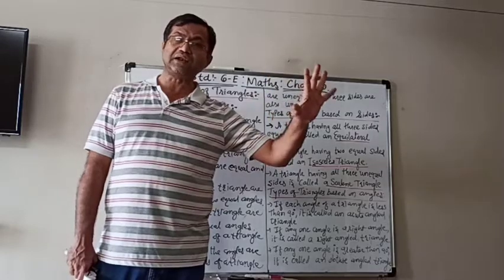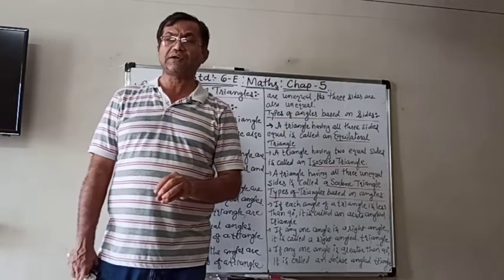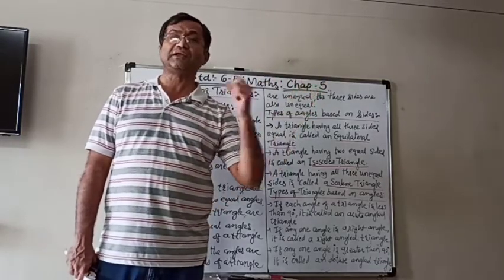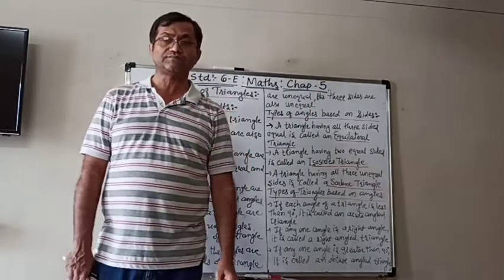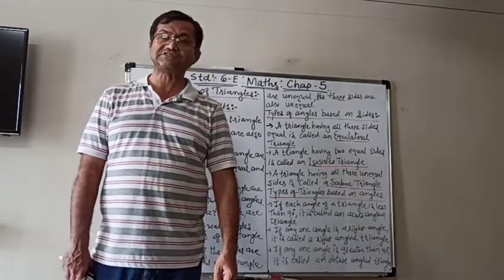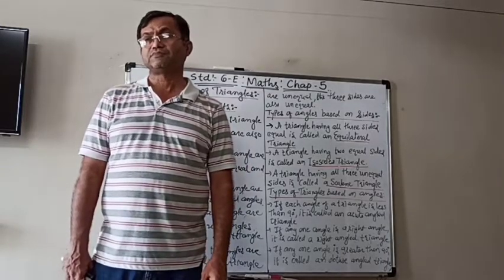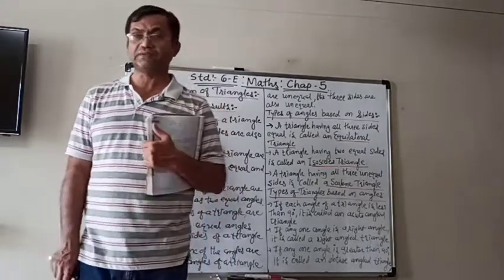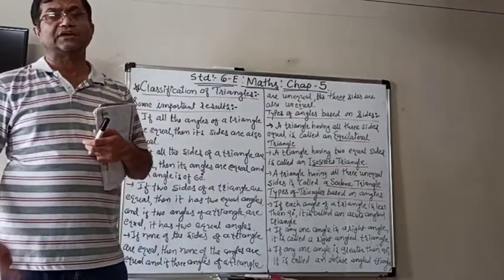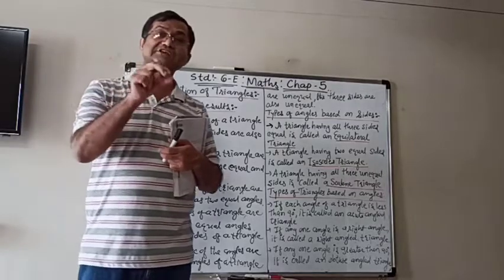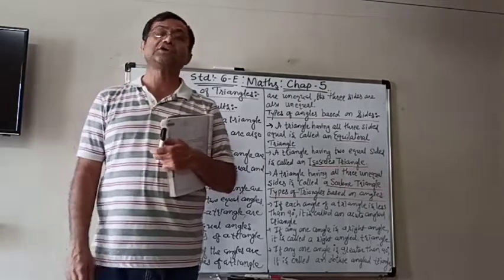So three sides equal, then three angles are also equal. Two sides are equal, then it will have two angles also equal. Similarly, the reverse is also true: if in a triangle two angles are equal, then it will definitely have two equal sides.